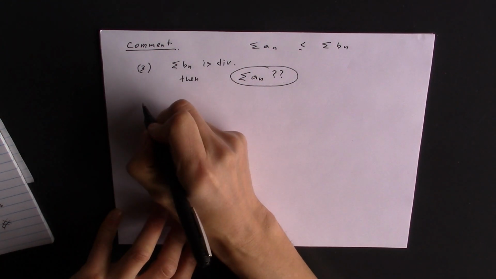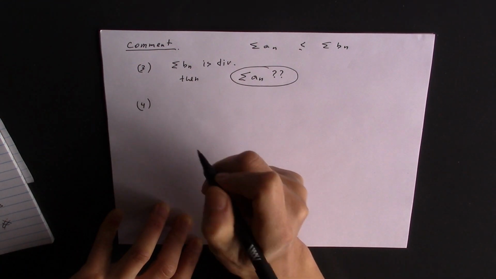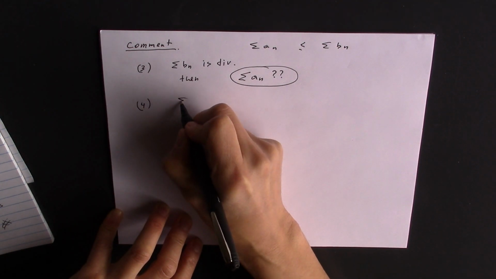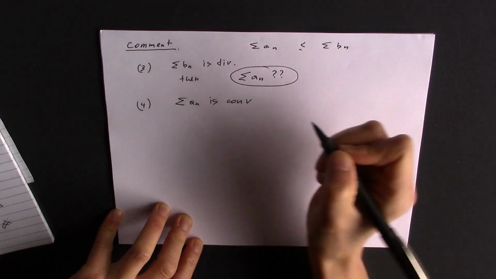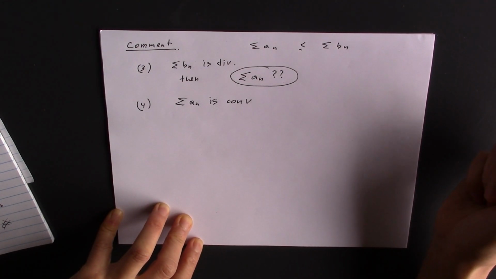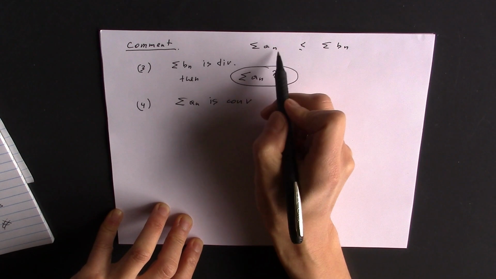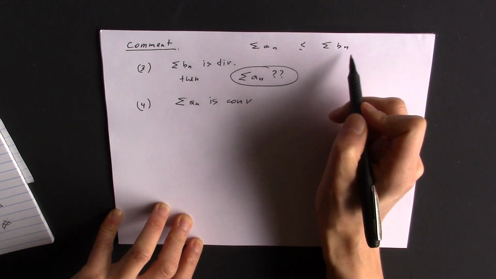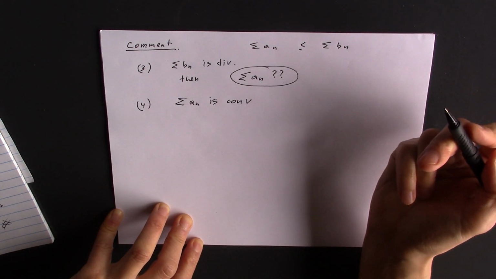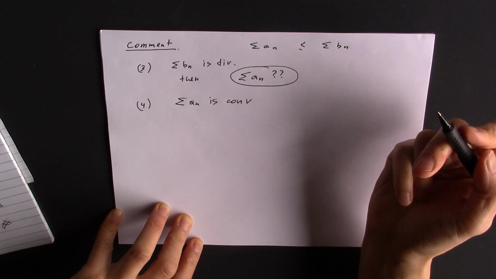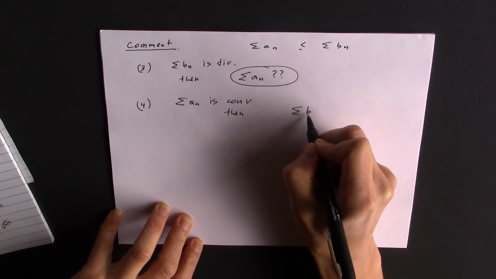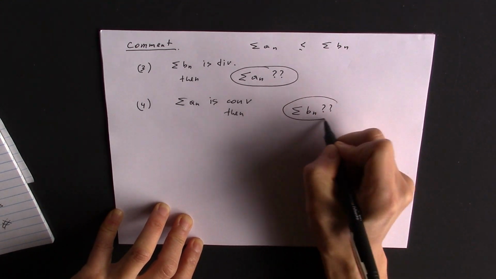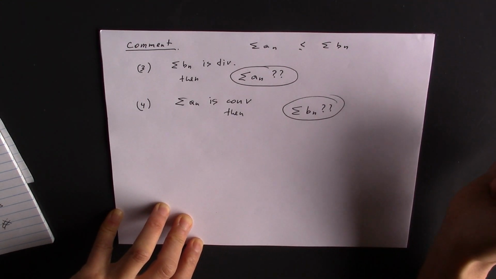In case 4, if our smaller series is convergent, that means the smaller series is a finite number. Then our bigger series possibly can be a finite number or still be infinity. Then we cannot say anything about the series.